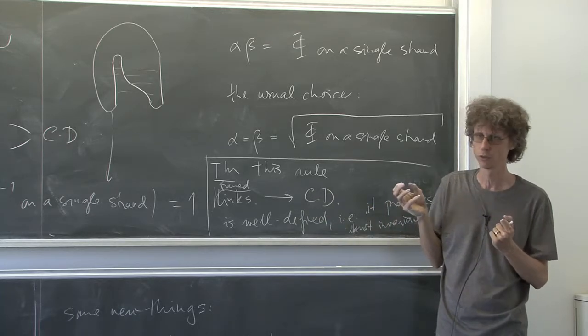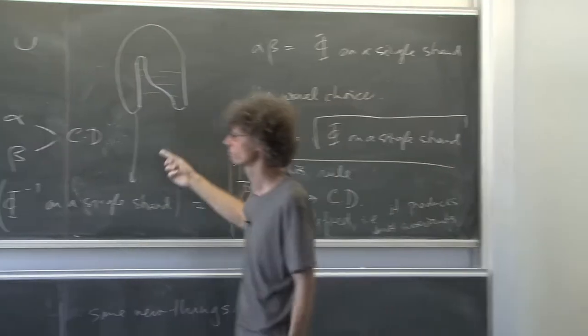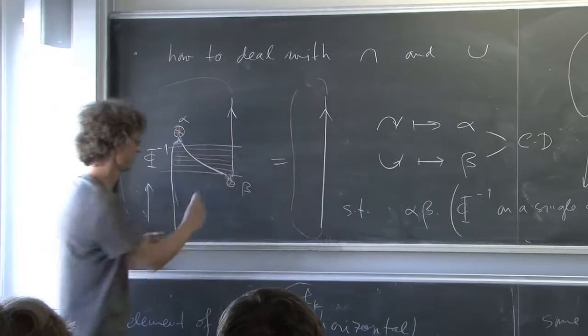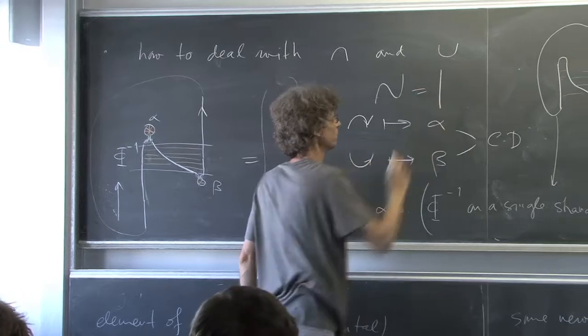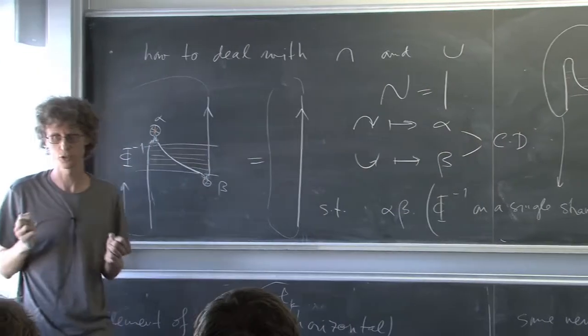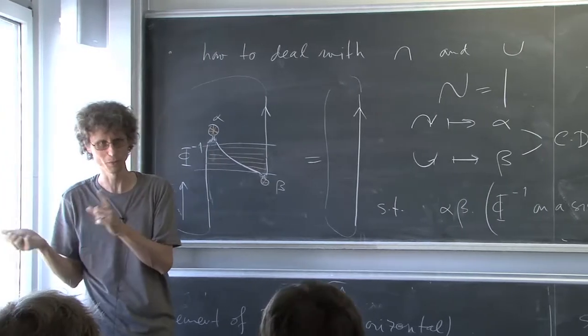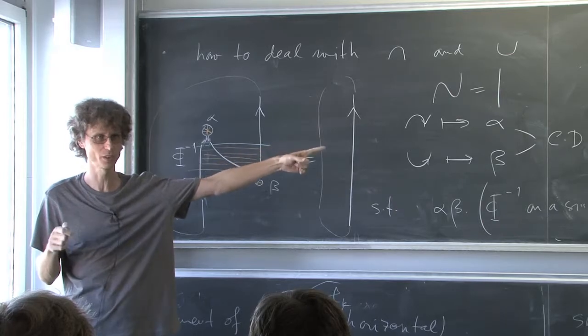And for the rest, there is only this rule, which I erased here, that this thing is equal to that. That's a thing which is not in Reidemeister moves, but when you want to get from braids to knots, then we need to impose this additional thing.